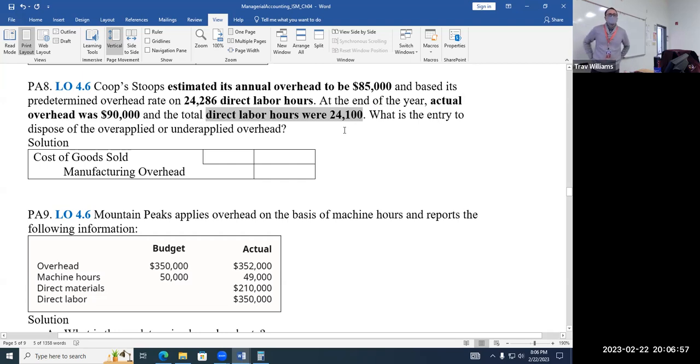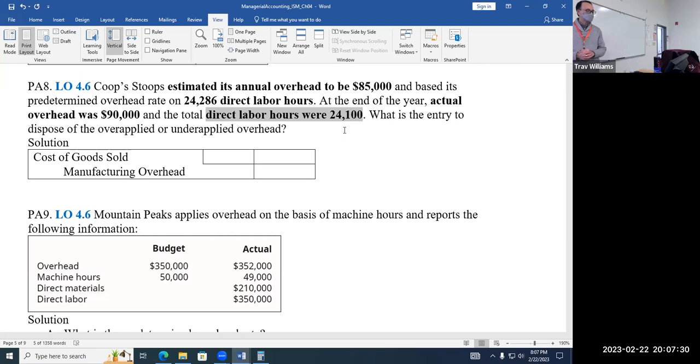So remember I mentioned to you, we have to estimate overhead so we can come up with a rate. Then we apply overhead throughout the year, so we can total that up and see what our total applied overhead is. And then we can compare that with our actual overhead costs. It's basically always going to be different, right? So your applied overhead is always going to be either over applied or under applied when you compare it with the actual overhead cost.